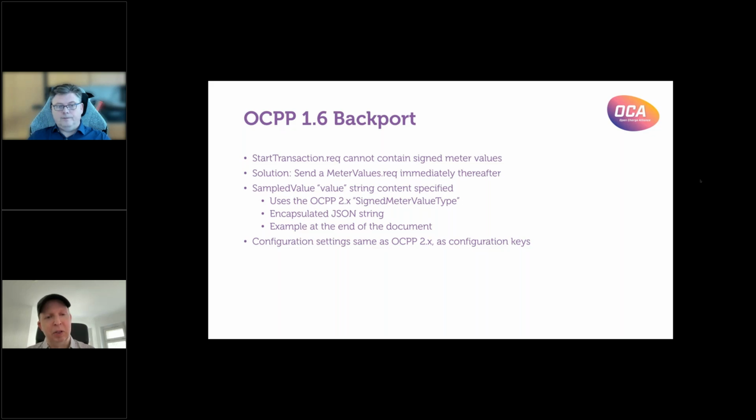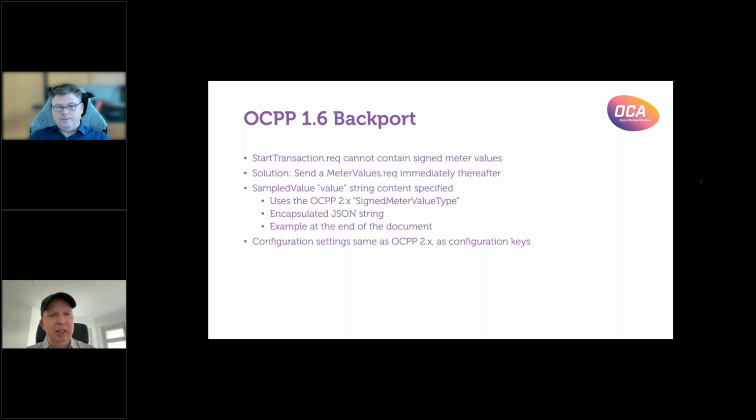But of course, it's not part of the message. It is a separate JSON string that we have to encapsulate to send it as a string field value in the surrounding JSON of the meter values request. Because it's a bit complicated to explain, we'll also have an example at the end of the document and also at the end of this presentation.